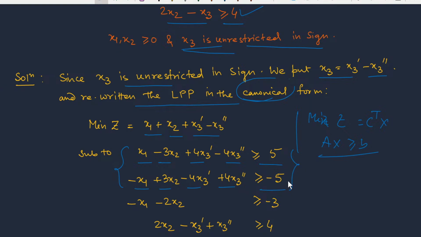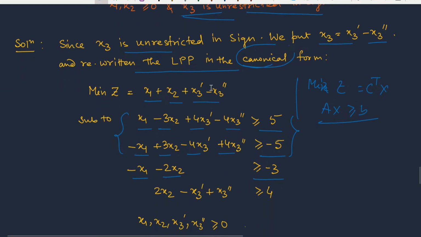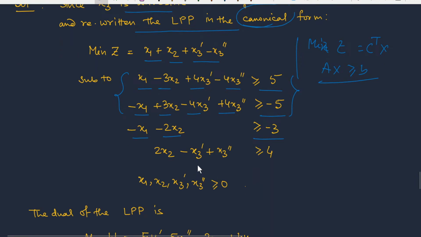This is only one equation; we write it with two inequalities. And minus x1 minus 2x2 greater equal to minus 3, and 2x2 minus x3 prime plus x3 double prime greater equal to 4. This is the inequality given in the above problem.